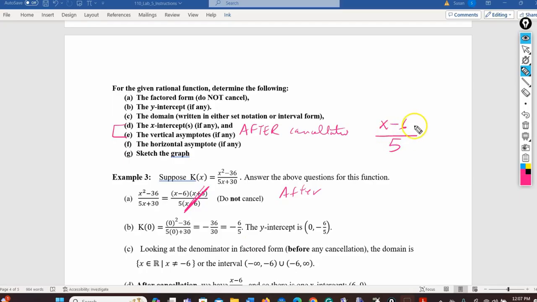For x-intercepts, you're looking at zeros of the numerator after cancellation. So a zero of the numerator is 6. So we have one x-intercept, and it is the point 6, 0. Only one.